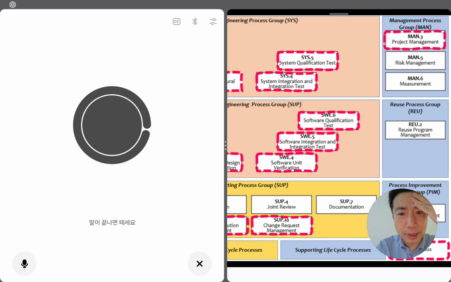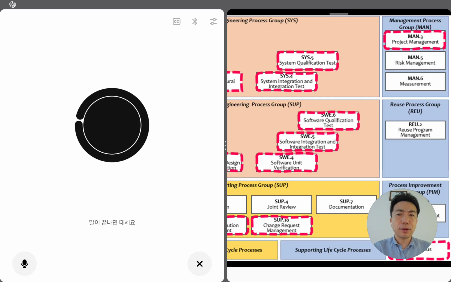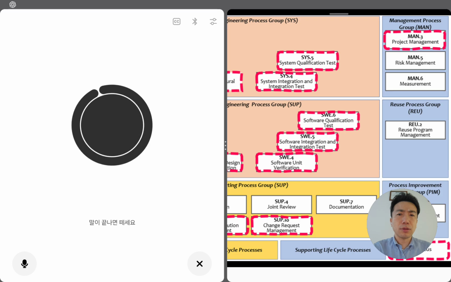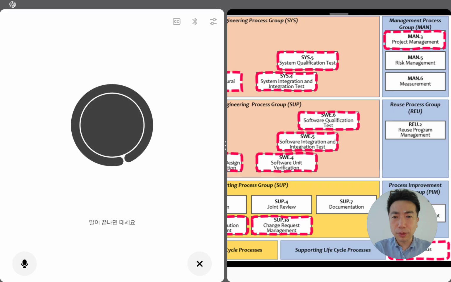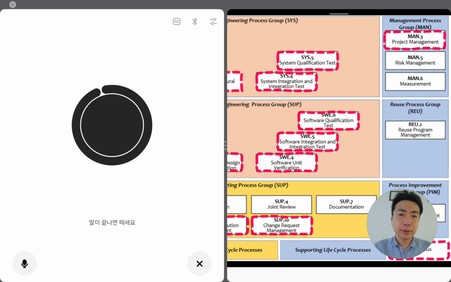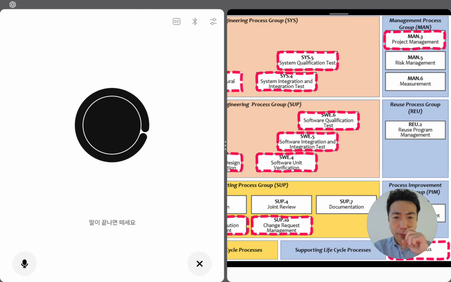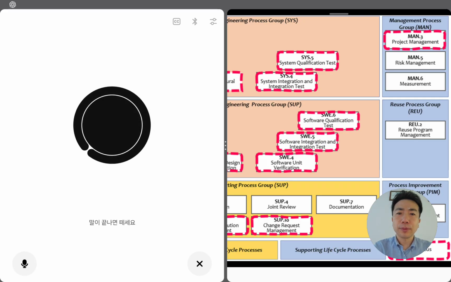GPT, let me think. So you mean most projects wobble, W-O-B-B-L-E, wobble? I'm not sure what that word means. Anyway, writing down what everyone assumes.